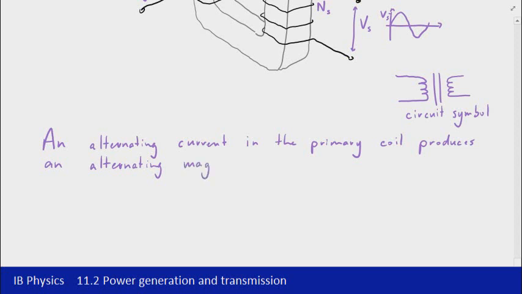It's going to produce an alternating magnetic field, and that magnetic field will be produced in the core, sorry. And that magnetic field then sort of loops all the way around the core and starts to thread through the secondary coil, and so that is going to induce an EMF in the secondary coil.